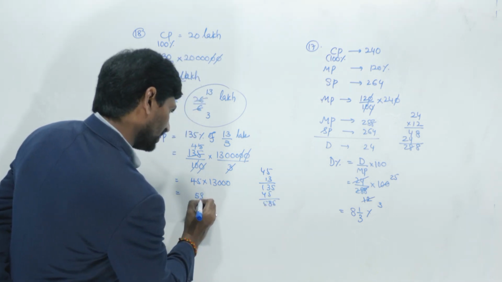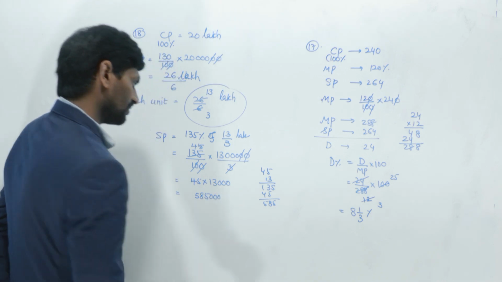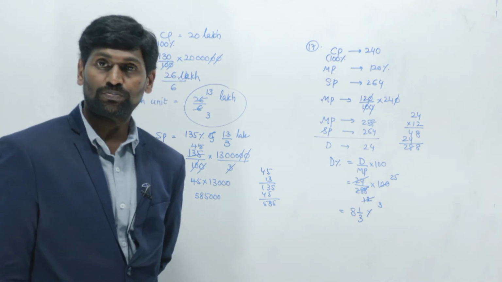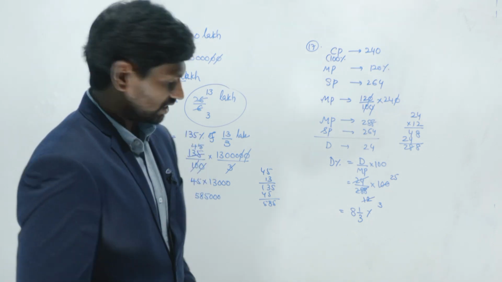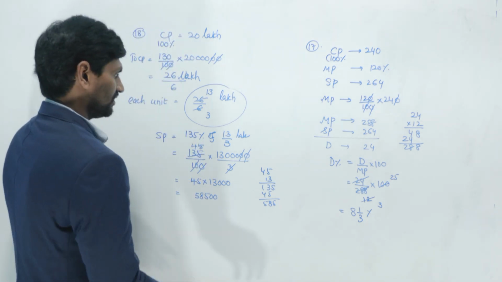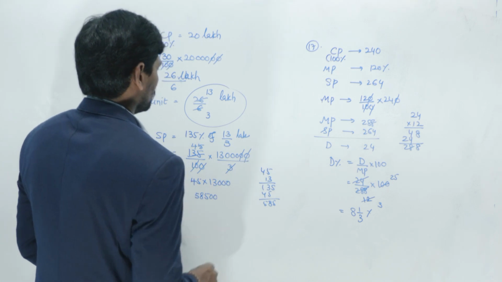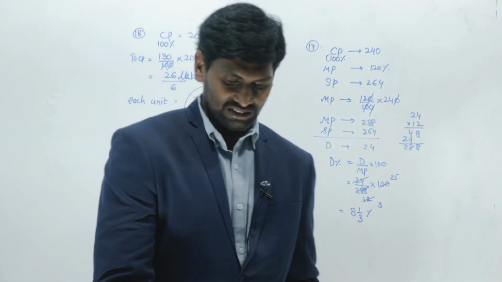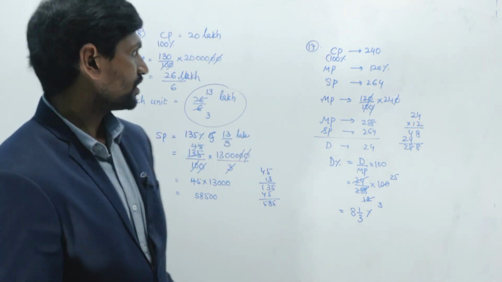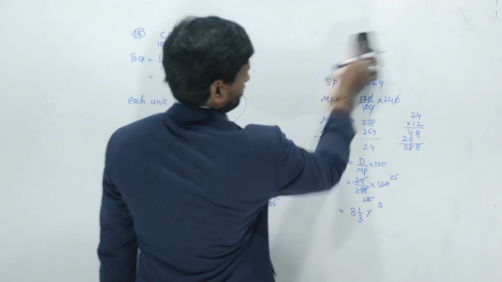So 585,000. So 5,85,000 rupees for each unit. Sorry, 58,500 actually. I wrote an extra zero. Let us go to the next problem. None of the options is the answer for this.